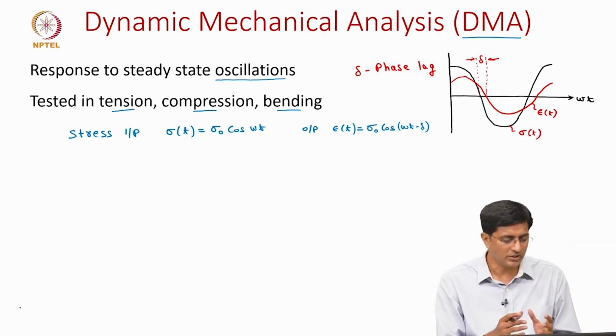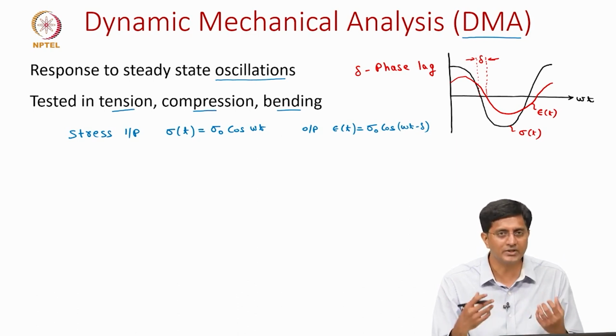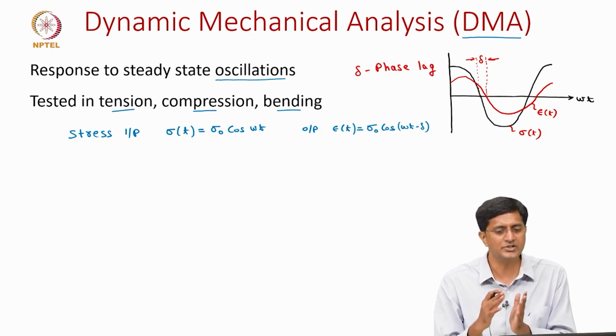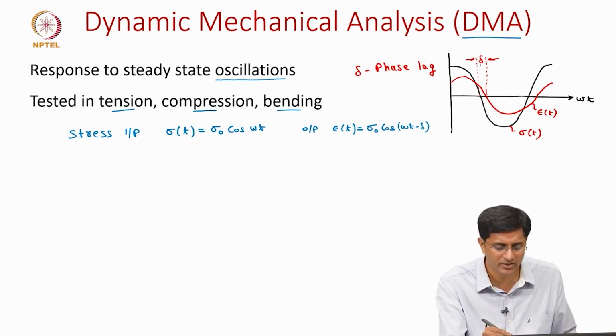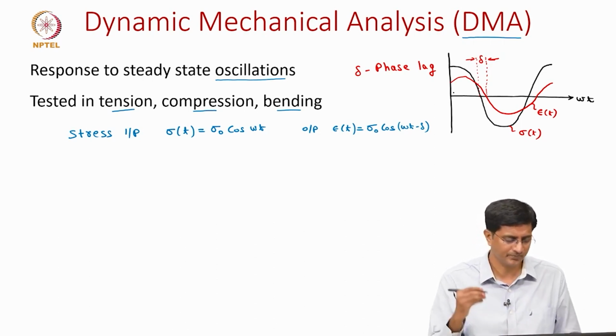Essentially, the input and the output will have the same frequency, the only difference is the output will have a change of phase which is represented by this delta in the plot.